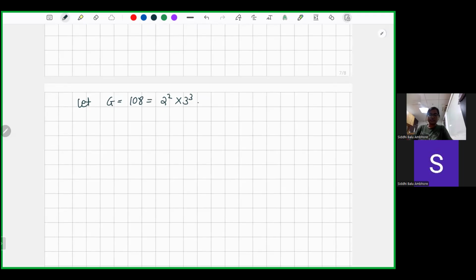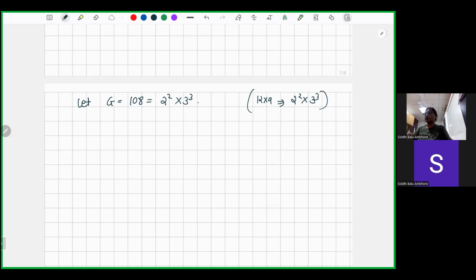Okay, so you can check this. 12 nines are 108, right? So this is 2 square into 9 into 3, that is 3 cube. So 108 is 2 square 3 cube.